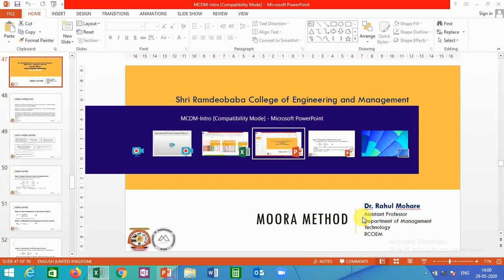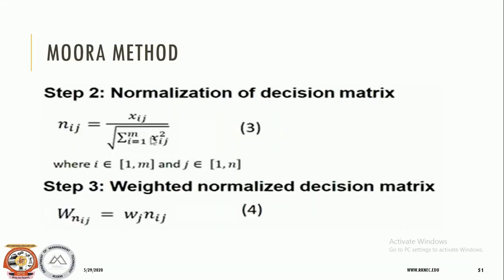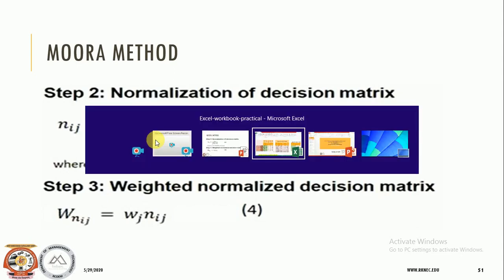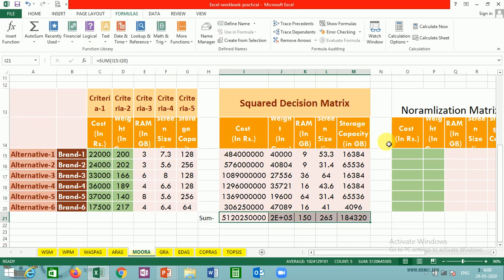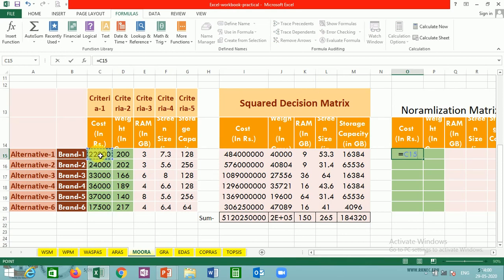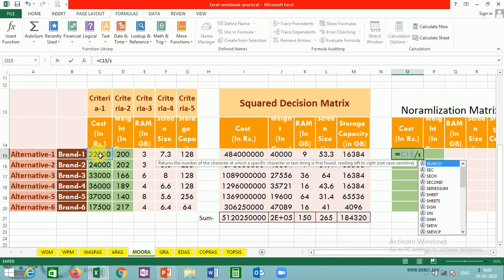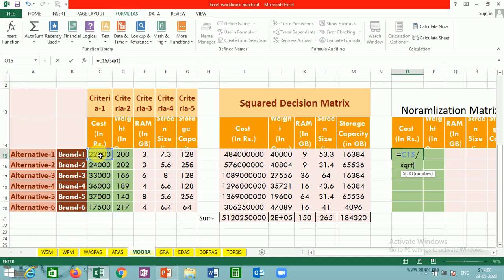So how is normalization done? If we go to the problem, we know that a normalized matrix value shall be computed in a way that each value must be divided by the square root of the sum of these values. So let us go here. Now each value, when we say each value, we are talking about this value, must be divided by the square root, so SQRT, of the summation of the squares of the values.